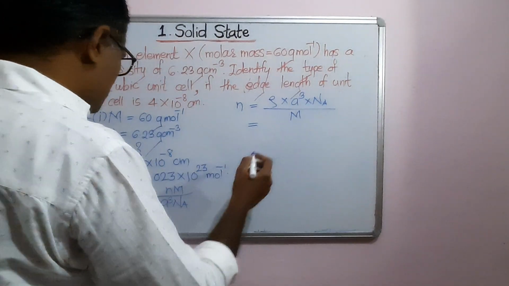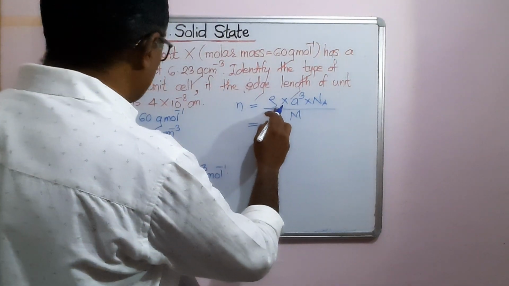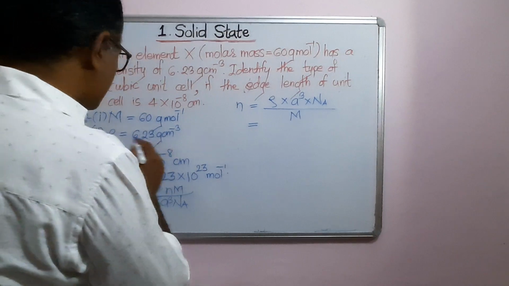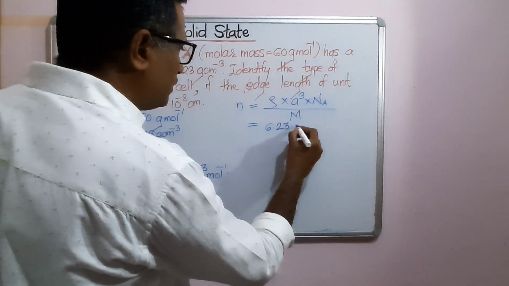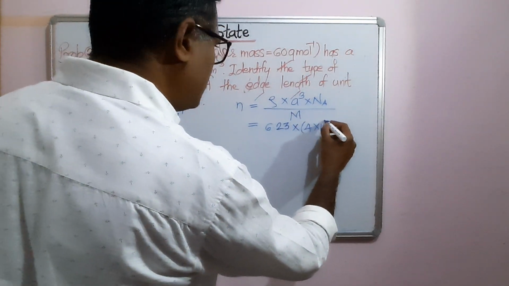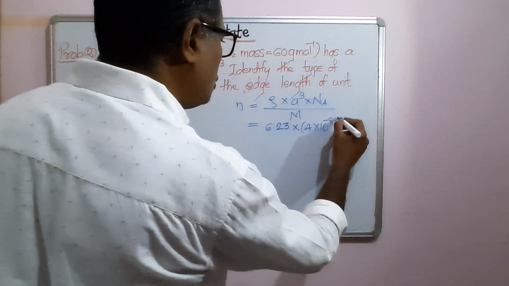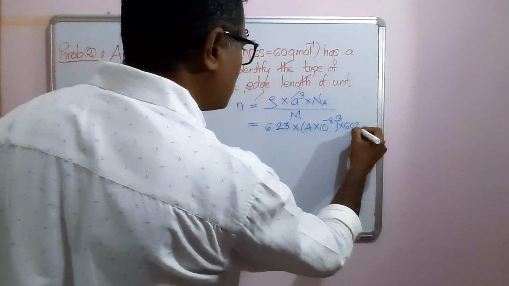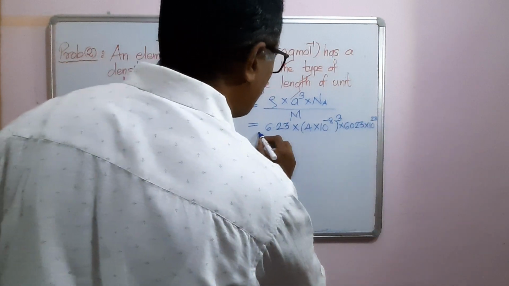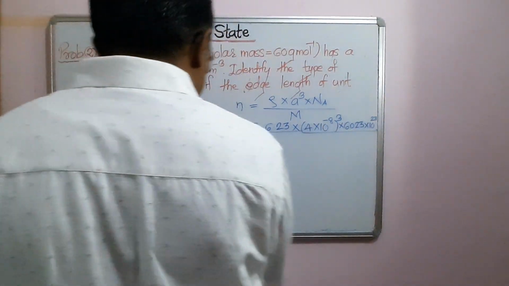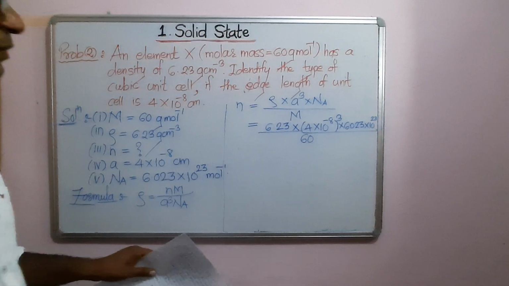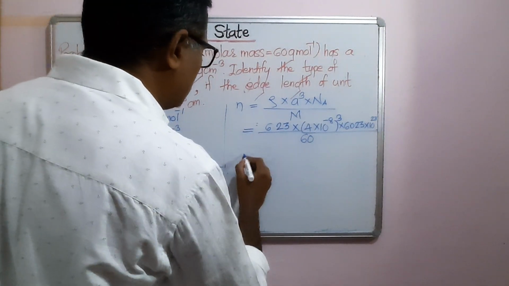The density is already in gram per centimeter cube, so no bother about conversion: 6.23 into a cube, where a is 4 into 10 to the power minus 8, cubed, into the Avogadro number 6.023 into 10 to the power 23, upon M. The value of M is 60.